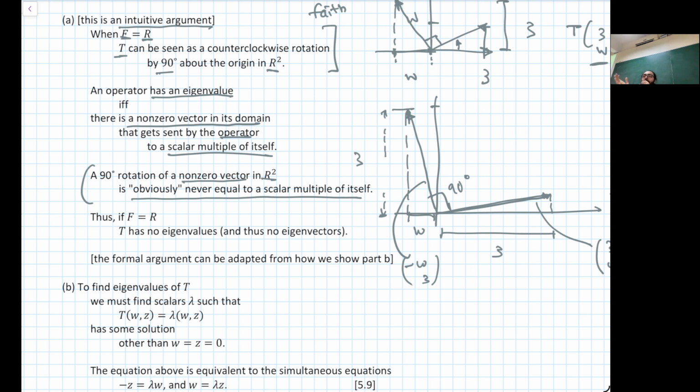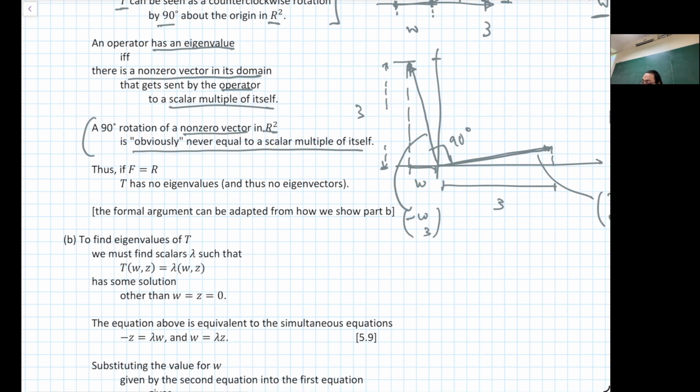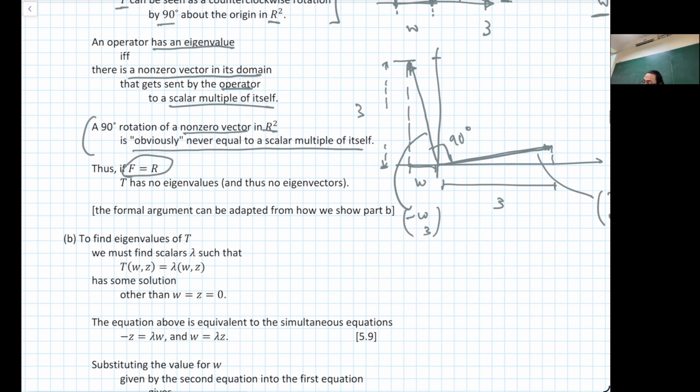Because if you're rotating vectors in two dimensions, no vector is going to be mapped to itself. You're rotating all of them. So no non-zero vector can be mapped to itself. And therefore, if the field is real, T cannot have any eigenvalues.